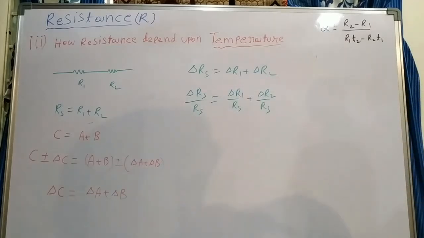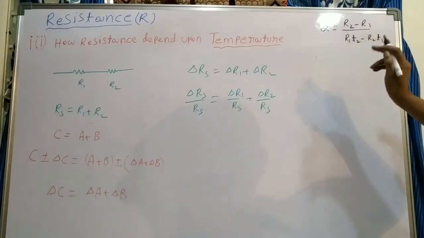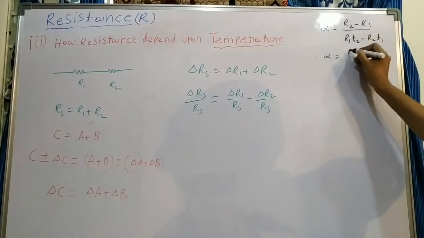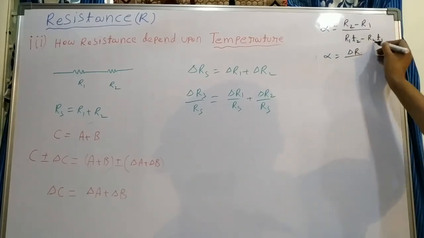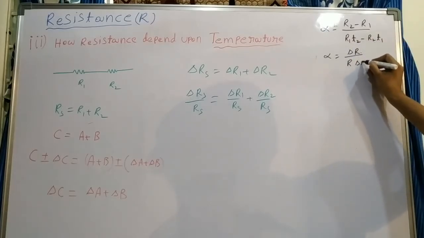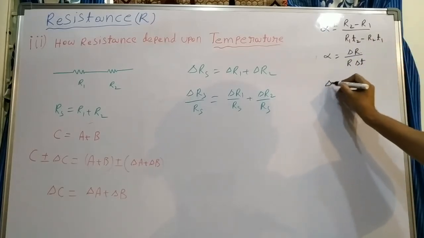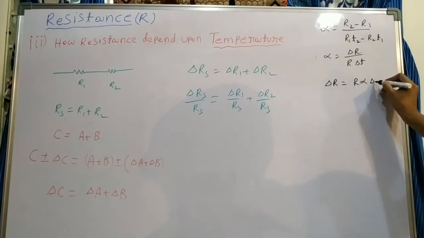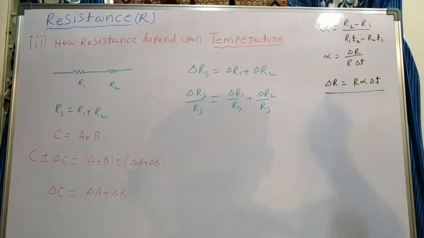If there is not much change in R1 and R2, take R1 common. So alpha is equal to change in resistance delta R by resistance R into change in temperature T2 minus T1, delta T. From this we can write, delta R is equal to R alpha delta T.